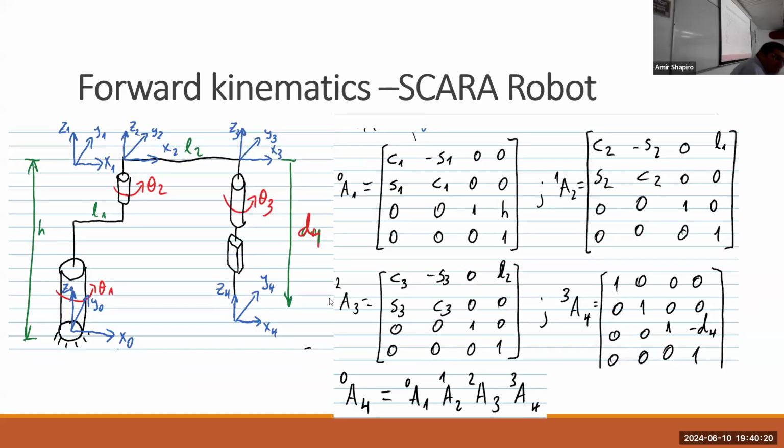If we write all the transformation matrices, the first one is simply a rotation around the z0 axis by theta 1, so it's cosine and sine of theta 1, and the displacement between the 0 reference frame and the first is simply h along z0.